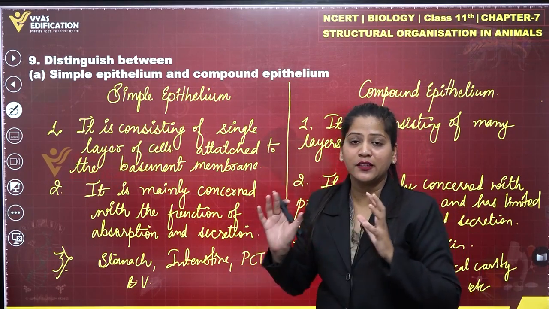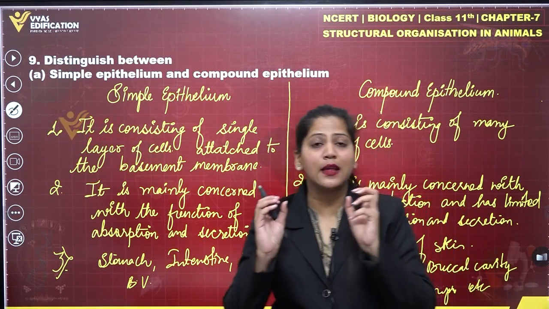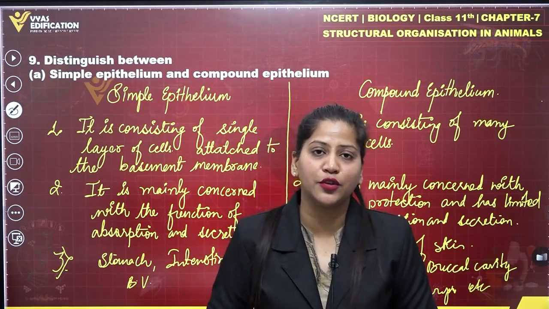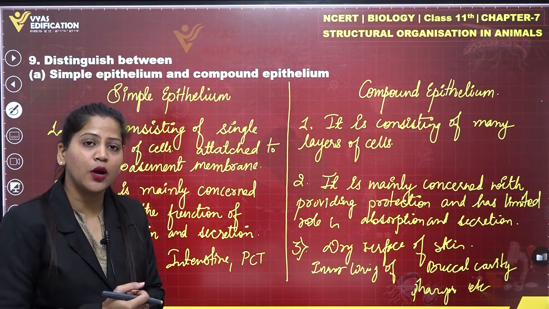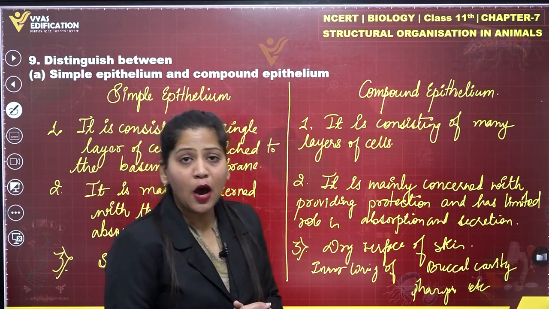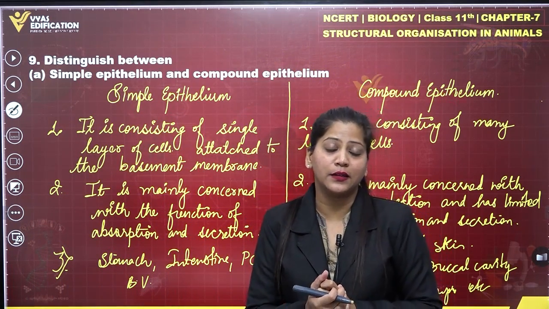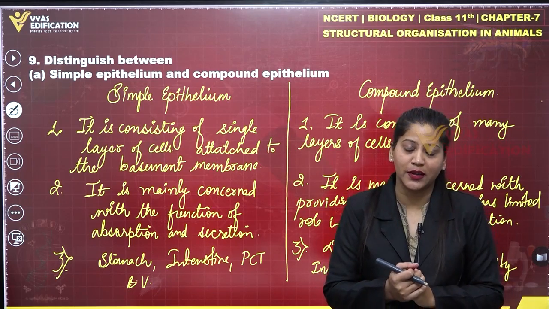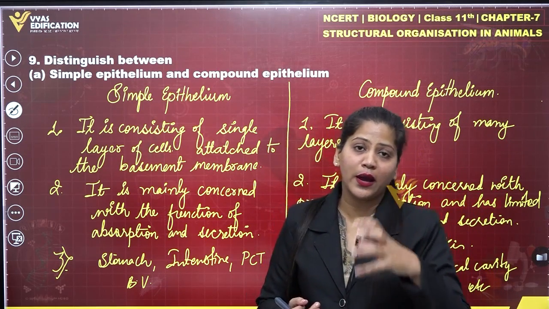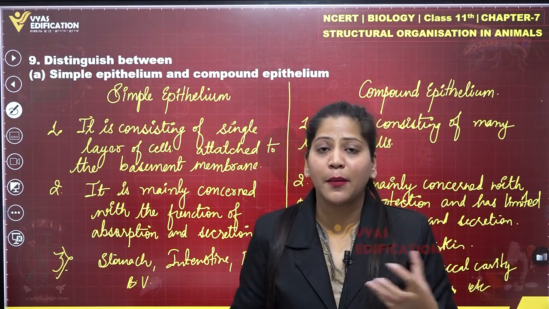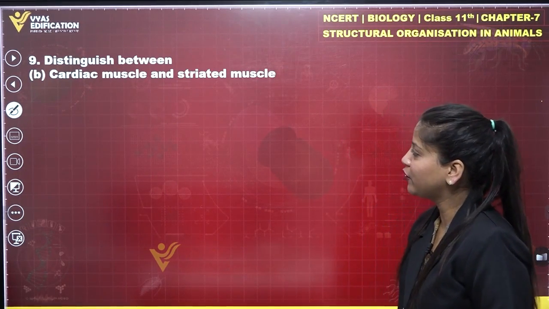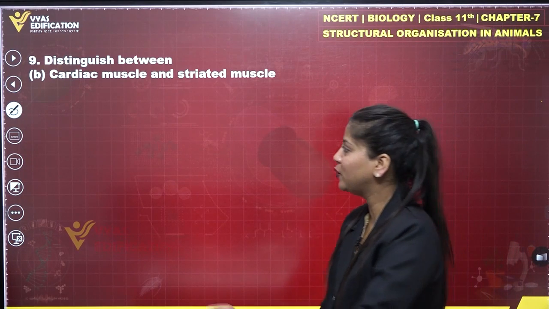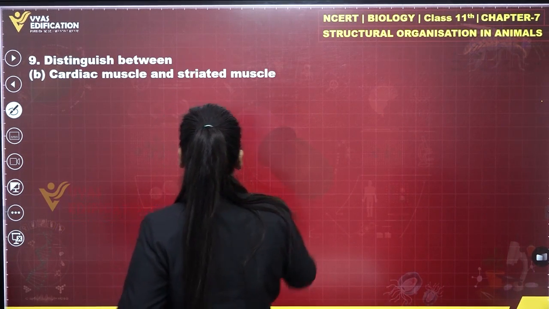We have already distinguished between simple epithelial tissue and compound epithelial tissue. Now moving on to the B part of the same question, where we have to distinguish between some other terms, right? So here in the second part of question number 9, we have to distinguish between cardiac muscles and striated muscles.